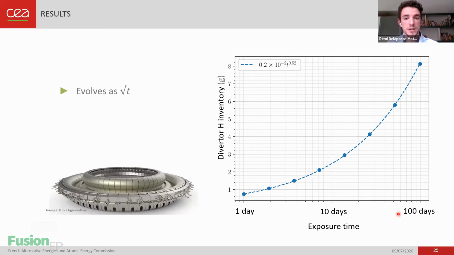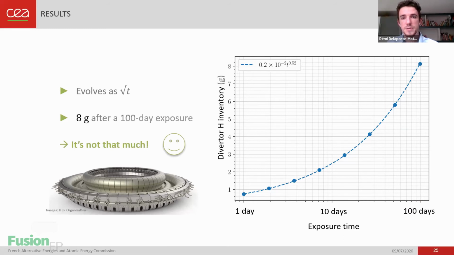And after 100 days of exposure, we reach 8 grams of hydrogen. So it's not that much comparing to the actual in-vessel limit of the ITER divertor, which is 1 kilogram or 700 grams if you don't take into account the cryopumps. So we're quite happy with that.